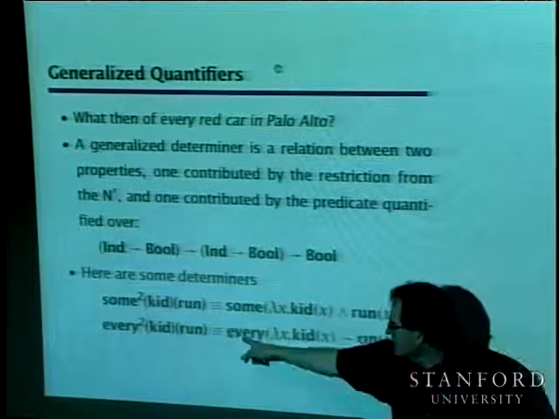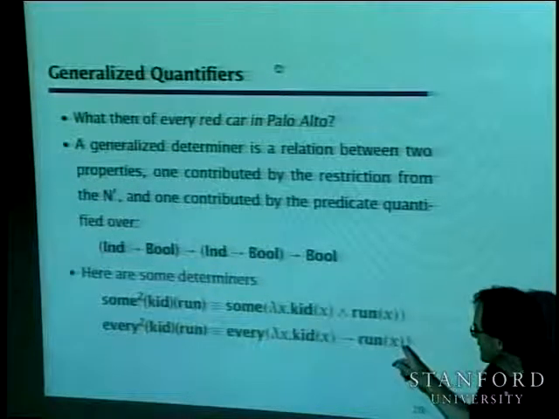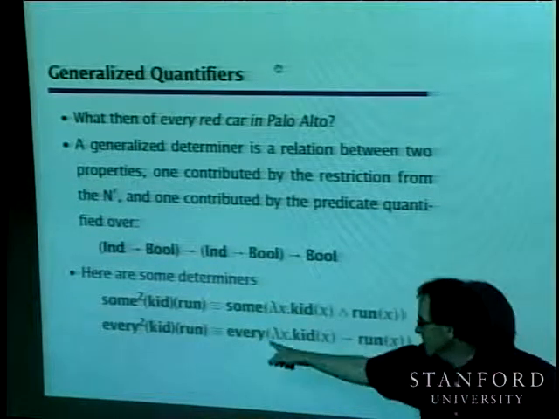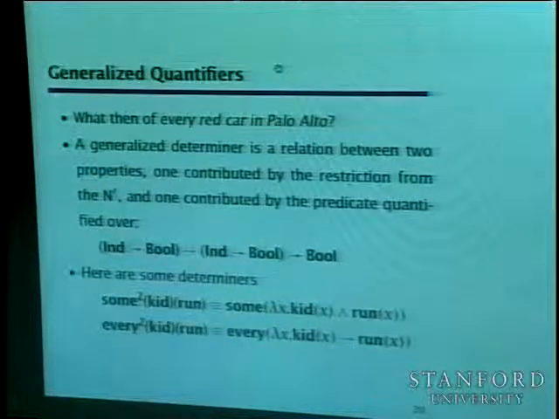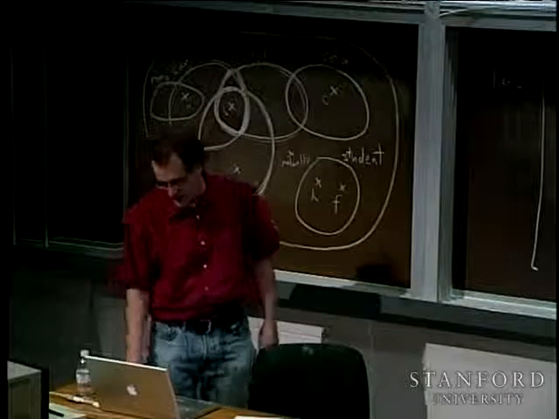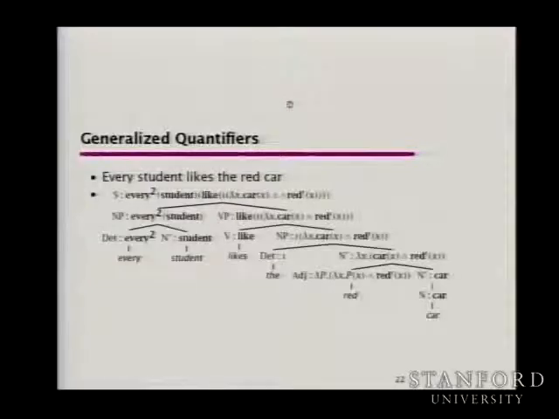And the every predicate says, is it the case that this is true for all individuals? Okay, which is what's expressed there.